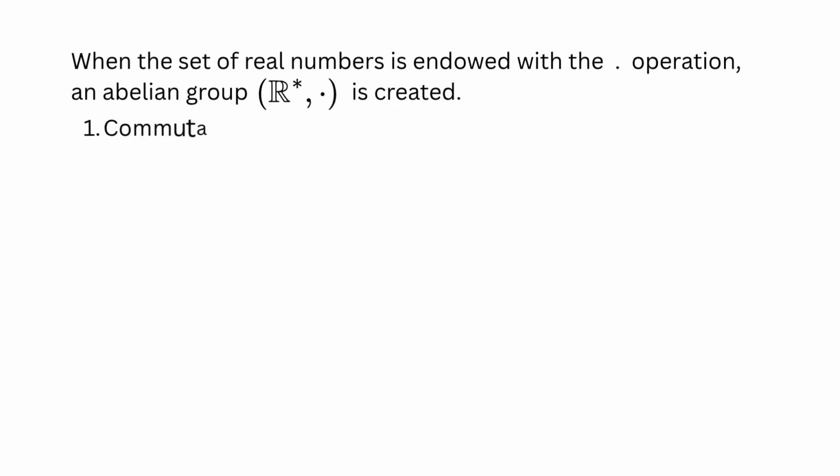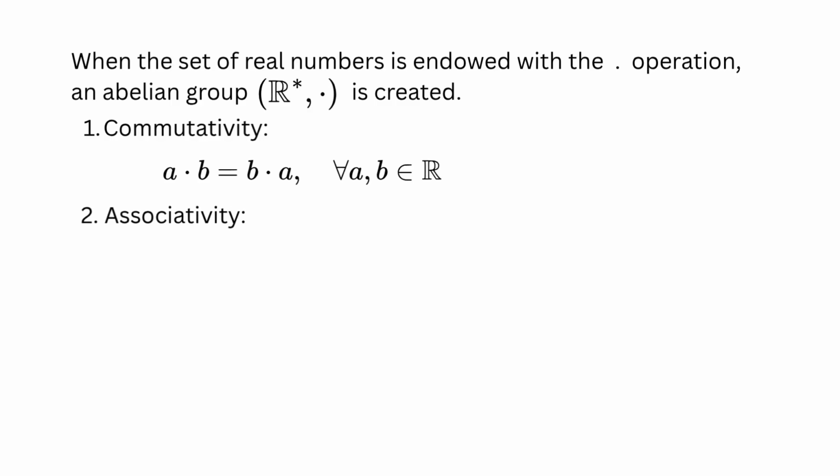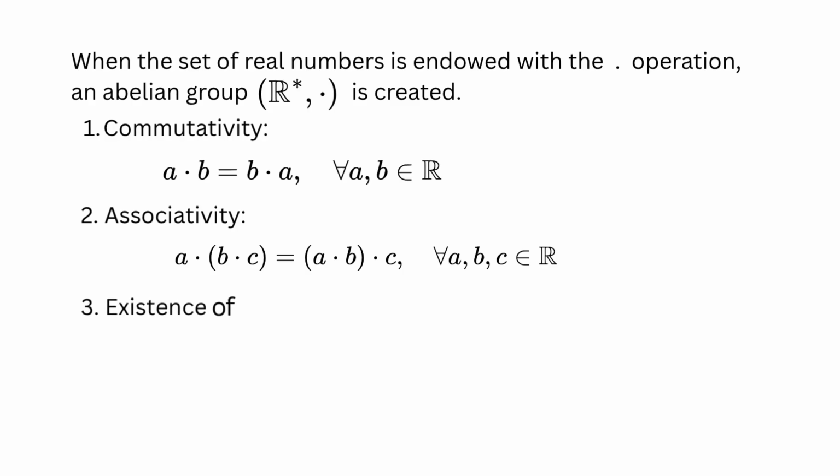1. Commutativity. That is, a number can be left or right multiplied to another number to obtain the same product. 2. Associativity. That is, the order we multiply three numbers does not change the result. 3. Existence of a unit. That is, there exists an element, known as the unit, such that when it is multiplied to a number, the product is the number itself. 4.